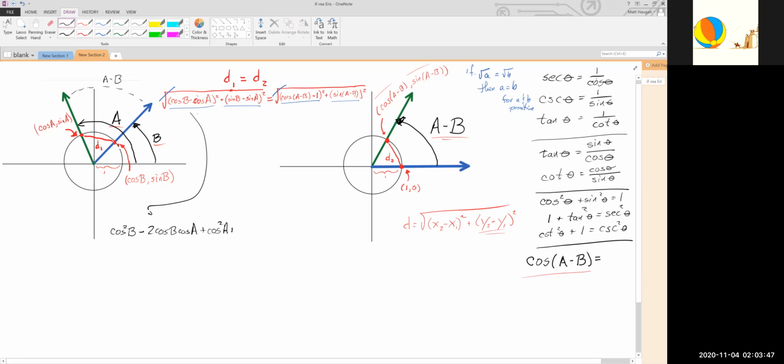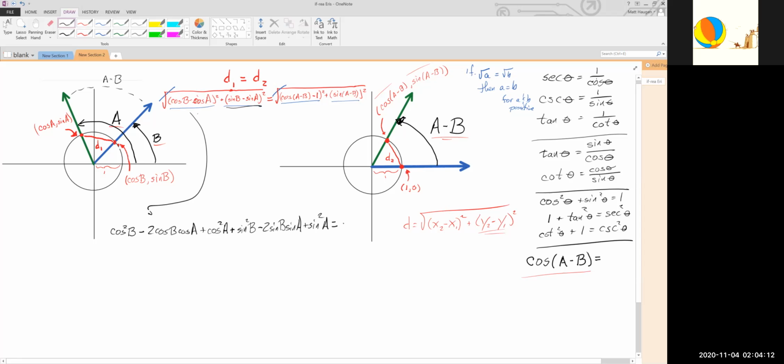Great. Plus this thing FOILed out: the sine squared b minus 2 sine b sine a plus sine squared a. Okay, great. That's that side FOILed out.